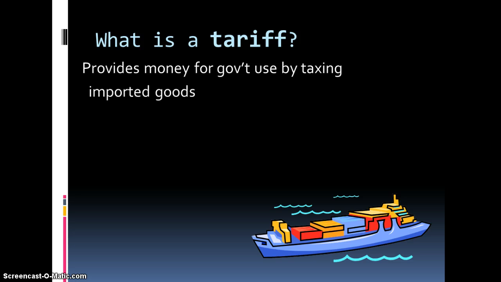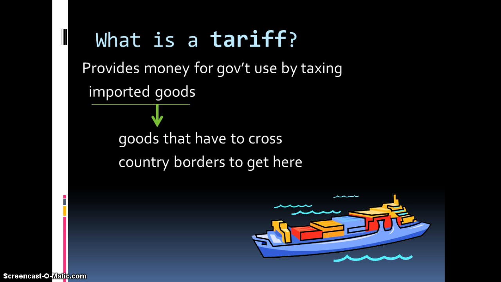Basically, think of a tariff as giving the money that comes from shipping a good across oceans or across borders to the government, like a tax. And they get to use that money to help build government programs. It's on imported goods, and think about imported goods as anything that has to cross a border to get here.